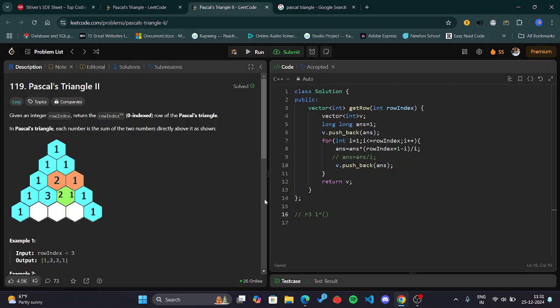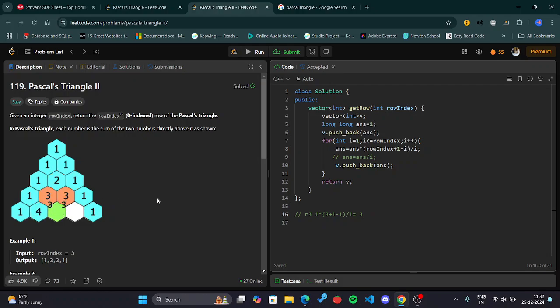And then row is 3 plus 1 minus i first, because we are finding this. So this is 0 and this is 1. Therefore i will be 1, so minus 1 divided by 1. So what is the answer coming? 3 plus this gets cancelled, 3 by 1 is 3, 1 into 3 is 3. Therefore 3. See, this is the answer.